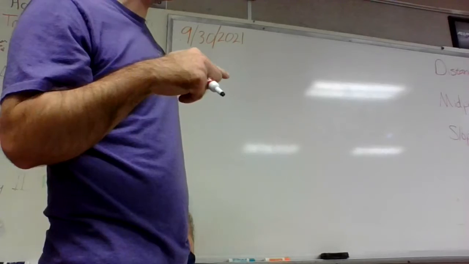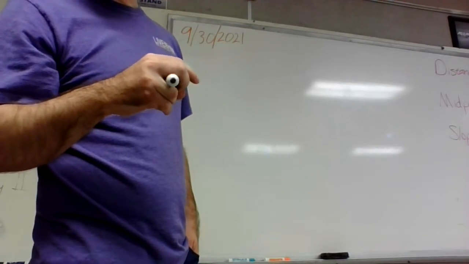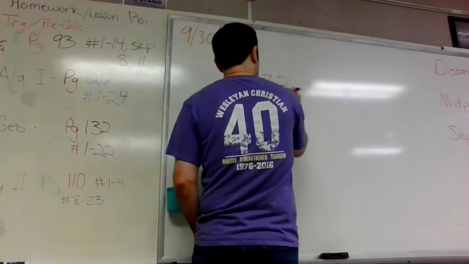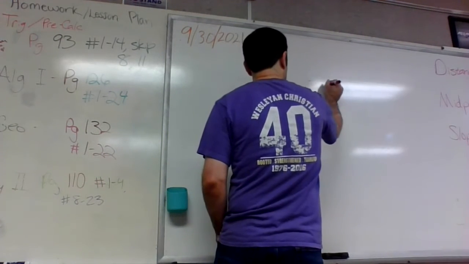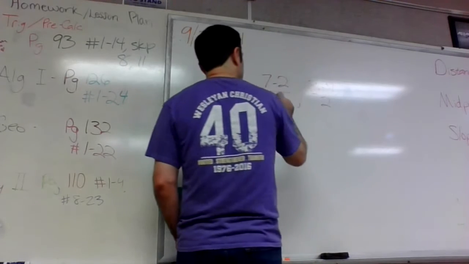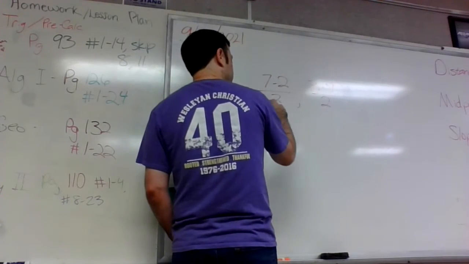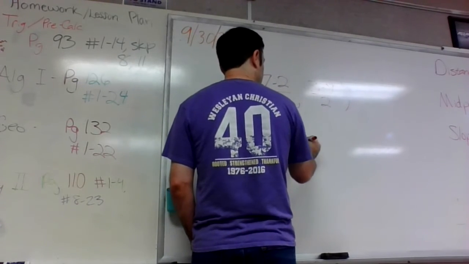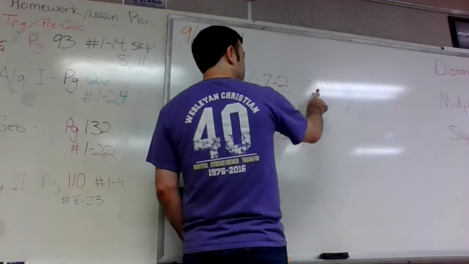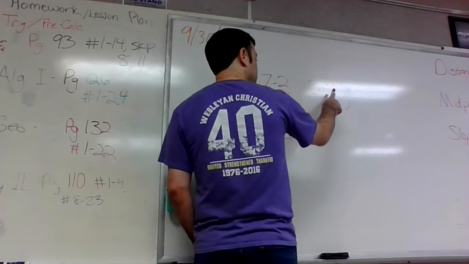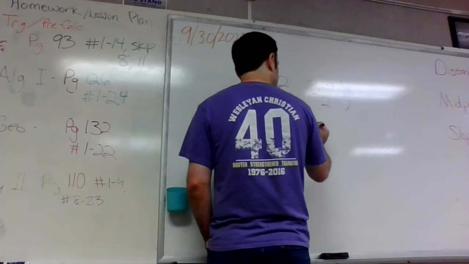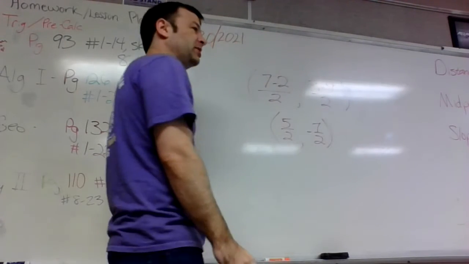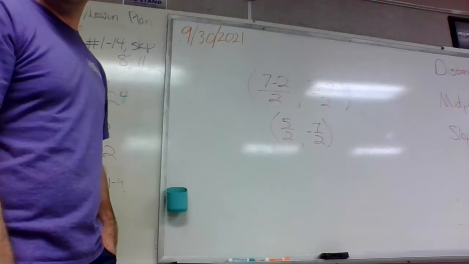Don't forget it really is a plus though. 7 minus 2 over 2 and 3 minus 9 over 2. 7 minus 2 is 5. 5 divided by 2, you can just leave it as 5 over 2. Remember in algebra, if they didn't divide well, we usually left it improper.